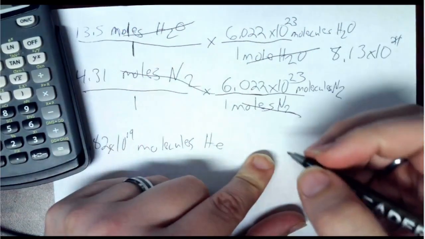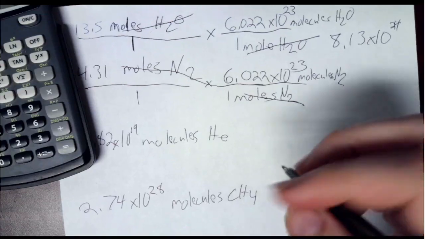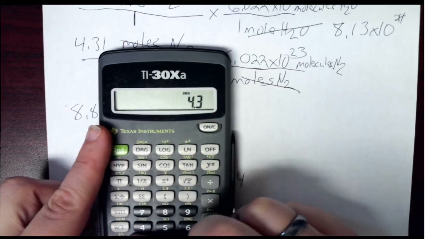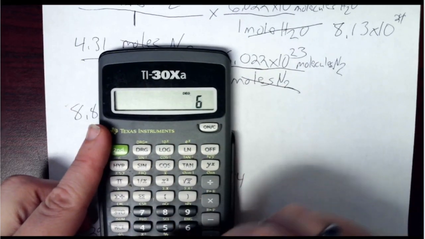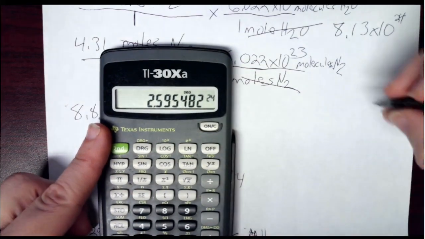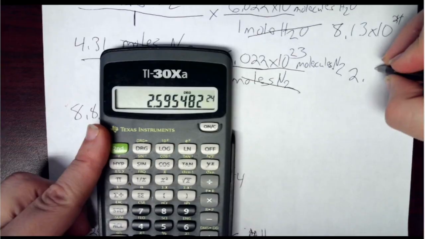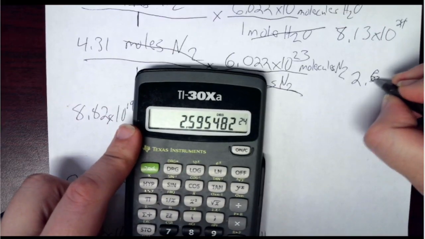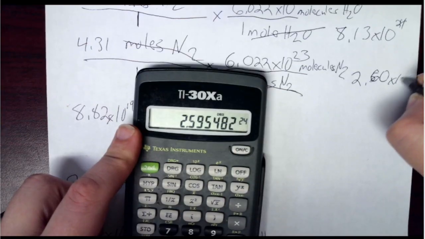Moles, moles. Just multiply my way across. 4.31 times 6022 E23, and we'll say 2.60 times 10 to the 24th.